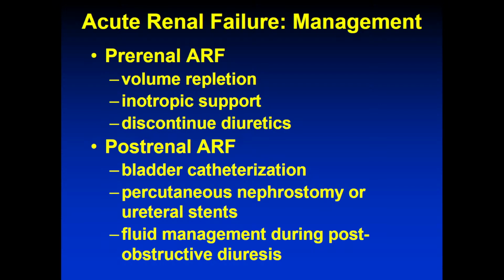Management. For prerenal acute renal failure, we have to provide volume repletion, inotropic support, and discontinue diuretics. For postrenal acute renal failure, perform bladder catheterization, percutaneous nephrostomy or ureteral stents, and fluid management during the post-obstructive syndrome.